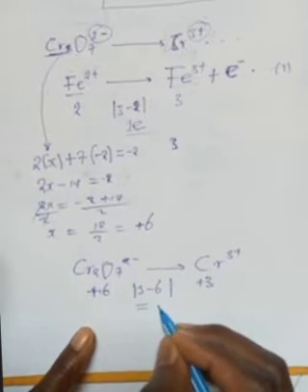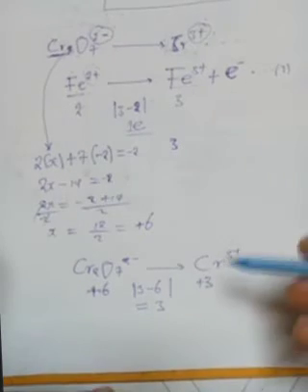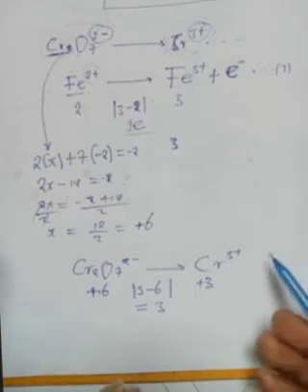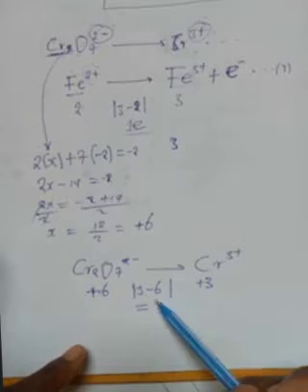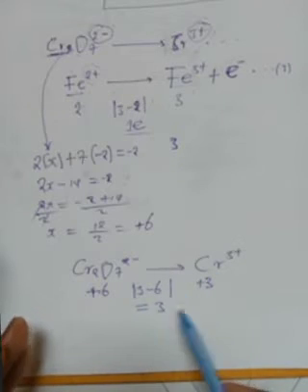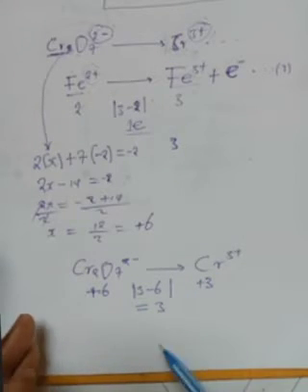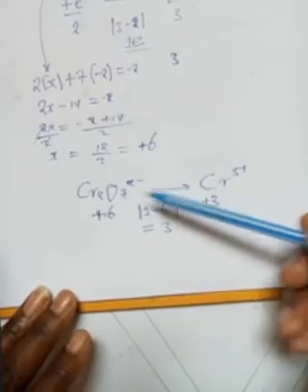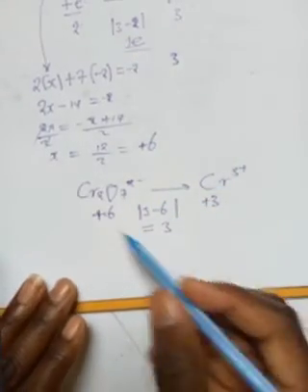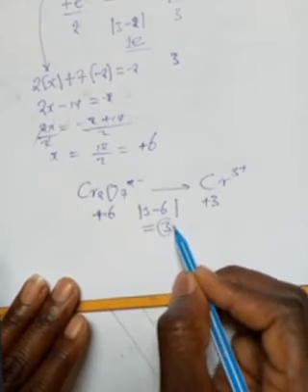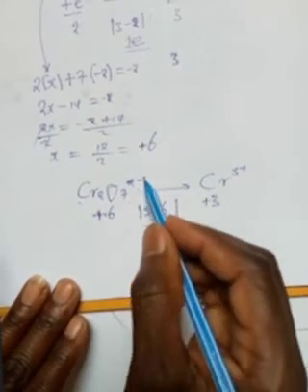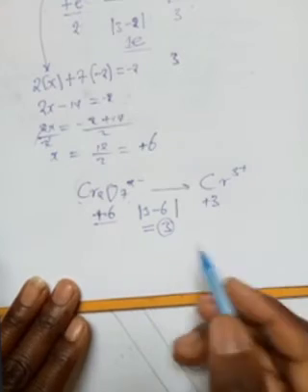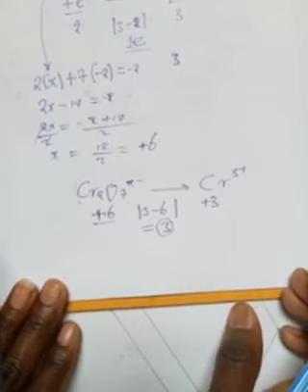Here we get 3, meaning that 3 electrons were gained. And where are you supposed to put the same number of electrons? You put the same number of electrons on the side that is having more oxidation numbers. So in this case, if you want to write this one as your half reaction again, you are going to put 3 electrons on the left-hand side, because that's where you are having 6 as the oxidation number for that given reaction.